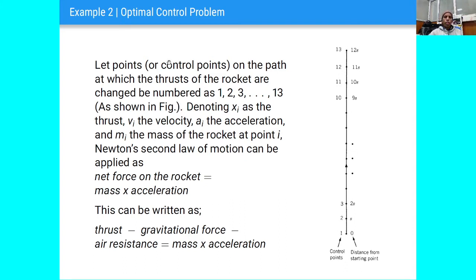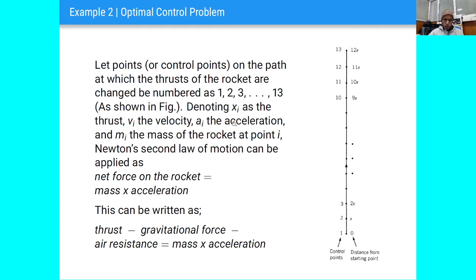Okay, so these are 13 control points, and let us consider that xi is denoting the thrust at point i. So here at control point 1 the thrust will be x1, at control point 2 this will be x2, at control point 3 this will be x3, x4, x5, and at control point 13 the thrust will be x13.